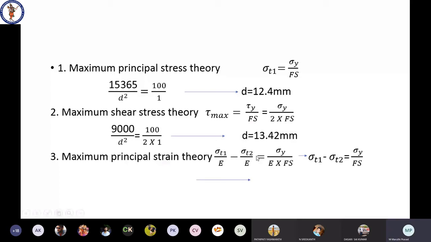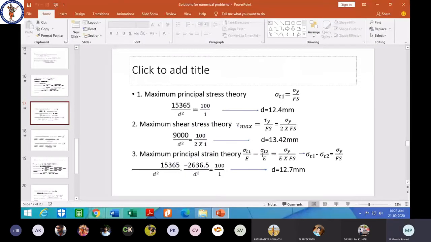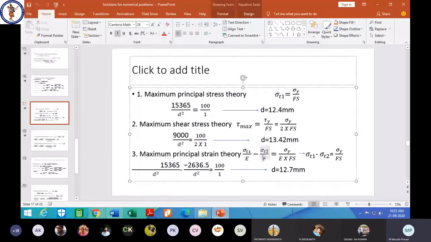Poisson's ratio: sigma T1 by E minus sigma T2 by mE. One is the longitudinal strain, one is the lateral strain, so the lateral strain should be converted into longitudinal strain by using Poisson's ratio. Poisson's ratio is indicated simply by m.